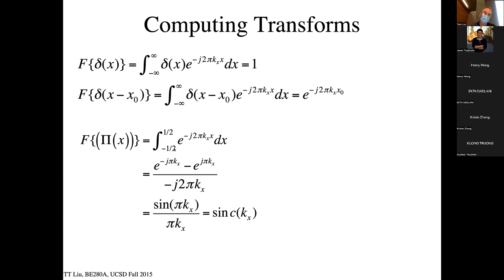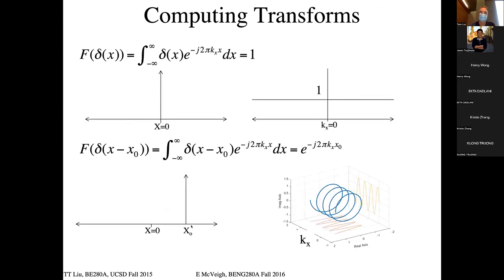And so when you perform that integration, just like a finite integral, you get this, and that simplifies down to this function here. So it's sine pi kx over pi kx. Again, it's something that's oscillating as a function of frequency in k, and decaying away.